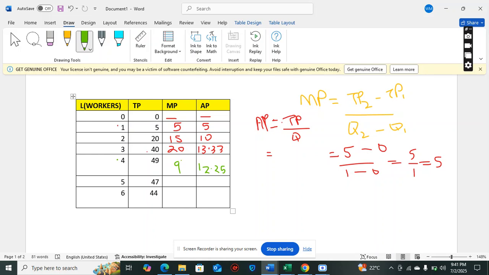You hire now a fifth worker. From 4 workers, you now got 5 workers. Total output increases from 49 to 47. Oh, decreases now actually from 49 to 47. 47 minus 49, that is -2.